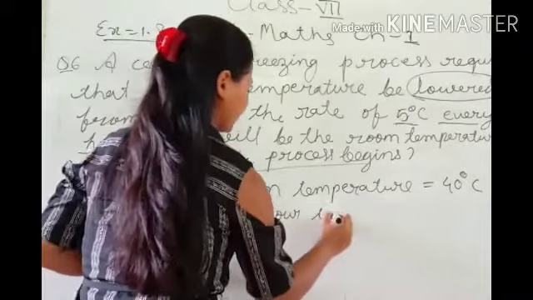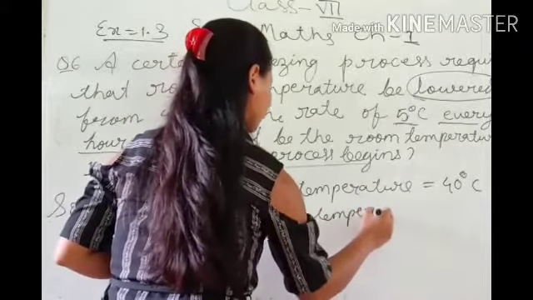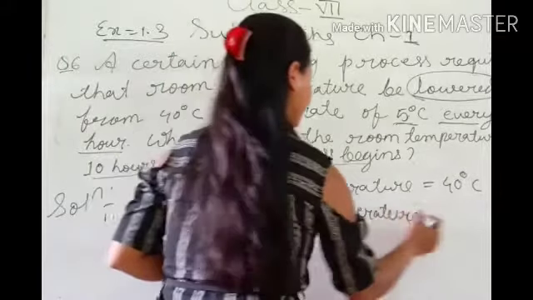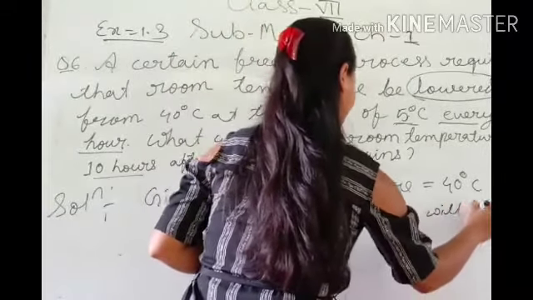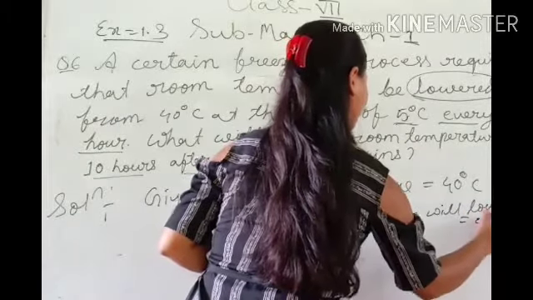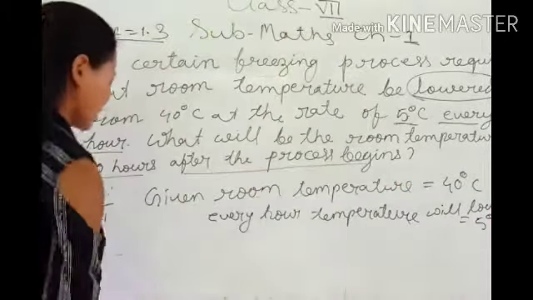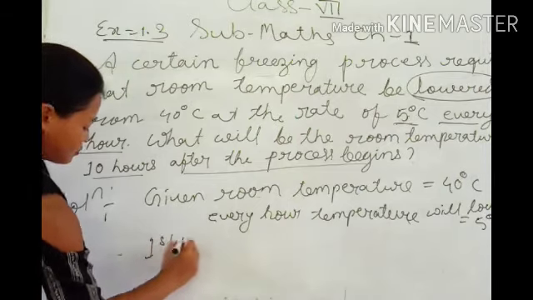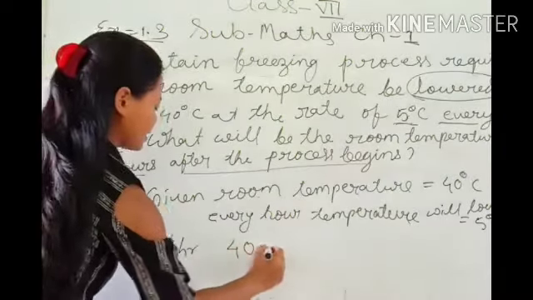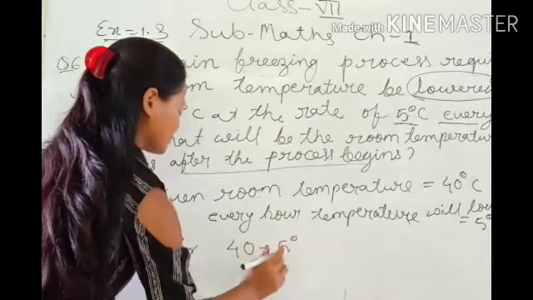Every hour the temperature will be lower. How much lower? 5 degrees Celsius. Now the first hour is how much? 40 minus 5 degrees Celsius.